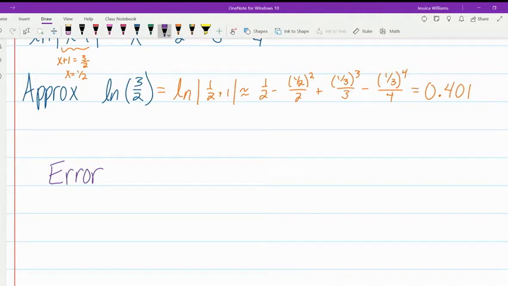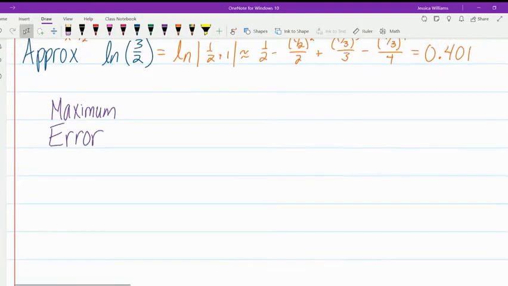If we were finding the exact error for our approximation, then it wouldn't be an approximation anymore. If I knew exactly how far off I was, then I would know the exact answer, and it's not an approximation anymore. So it's not the error that we're finding, it's the maximum error. It's how far off could we possibly be. So it's not a for sure thing.